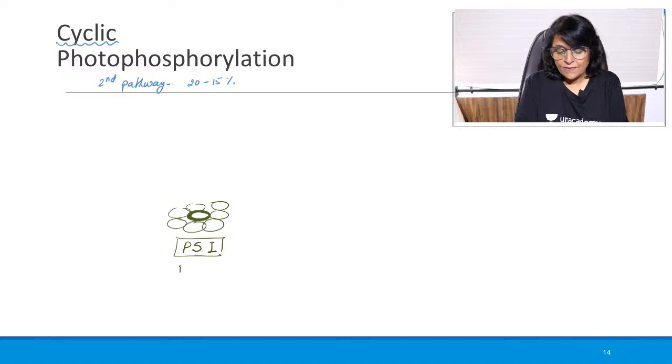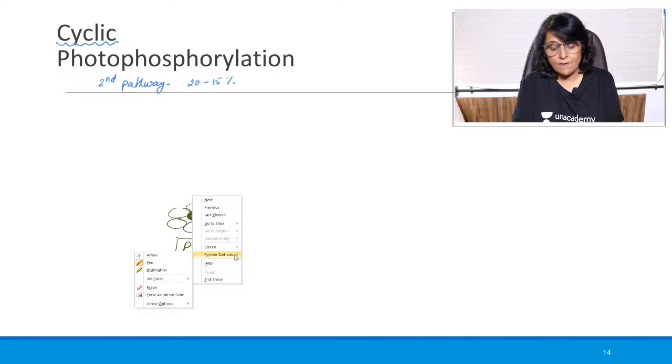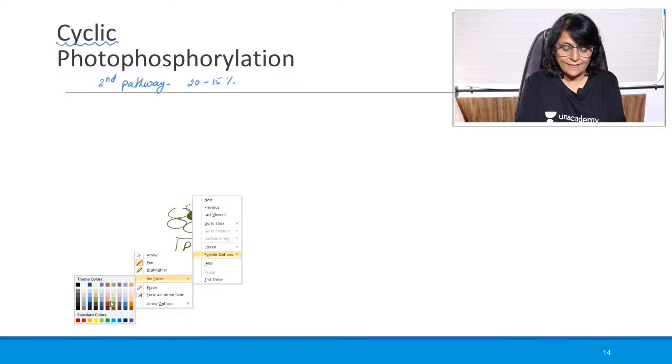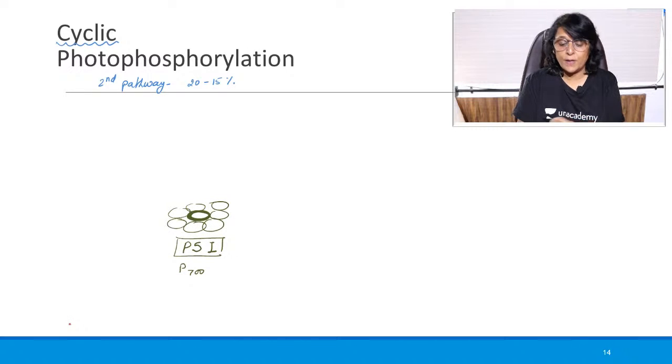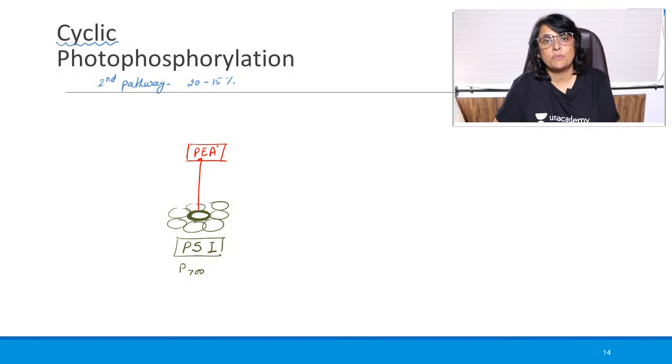That means the reaction center chlorophyll pigment is P700. In non-cyclic, both the photosystems were involved and the pathway starts with PS2. Whereas in case of cyclic, there is only one photosystem involved and the reaction is going to start with PS1. And this photosystem has its primary electron acceptor.